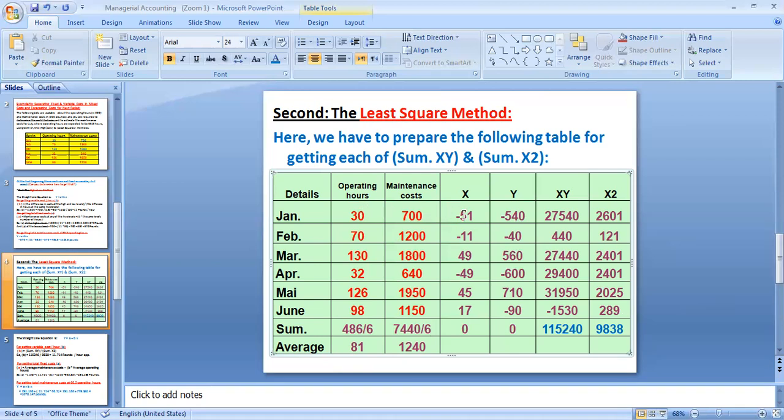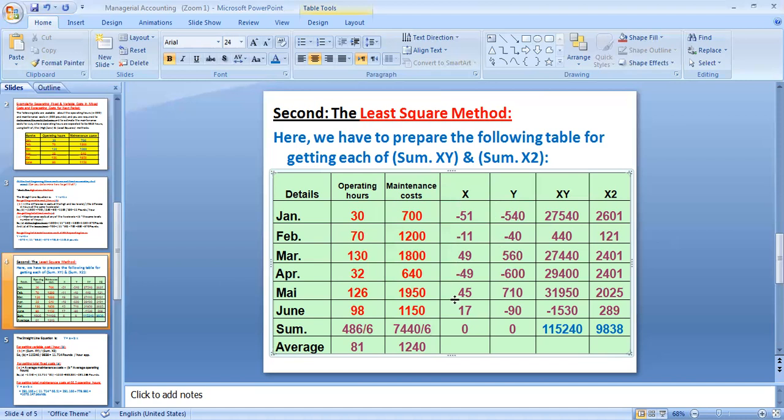Because hours is the independent variable. x is the independent variable in the equation. Then the maintenance cost is dependent because it depends on the number of hours. The total divided by the number of months gives me 1,240 as the average. Deducted from each one of these costs, it gives me y.